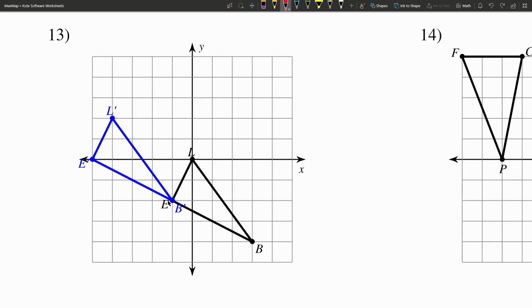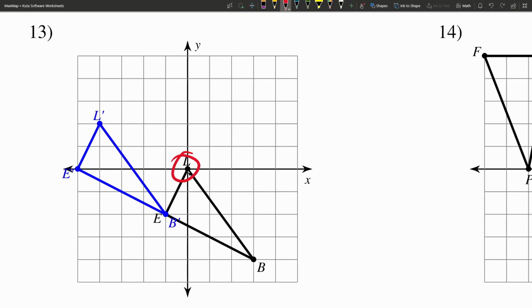Picking a point on our original figure, I'm going to pick this point L. So looking at L, we're going to need to move 1, 2, 3, 4 units to the left, and 1, 2 units up to get to L prime.